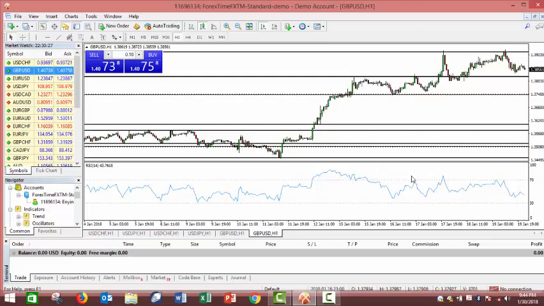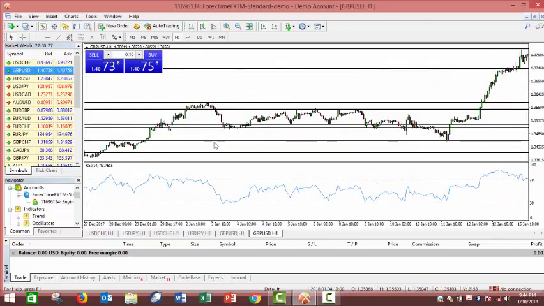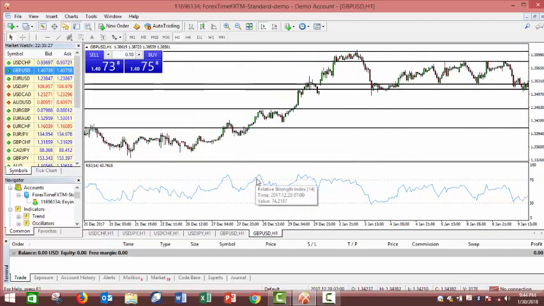Once the market crosses and crosses back inside from 70, this is when you place your sell. Place your sell here. I think this is more than 10 pips. So that's the trade setup I was using, and I was taking my 10 pips.